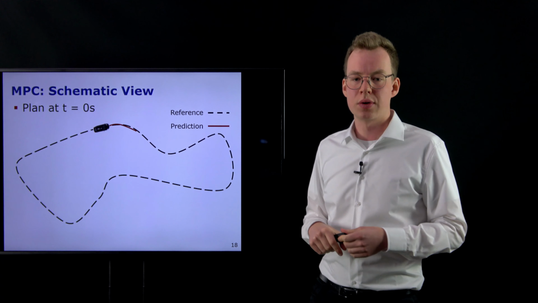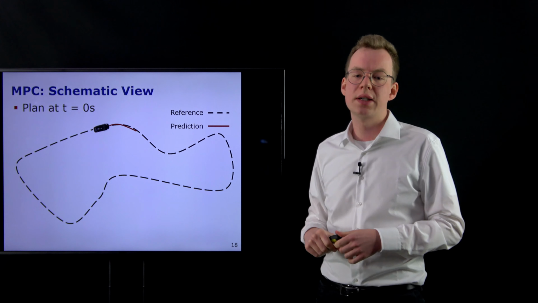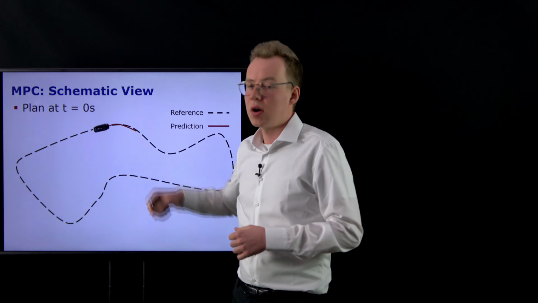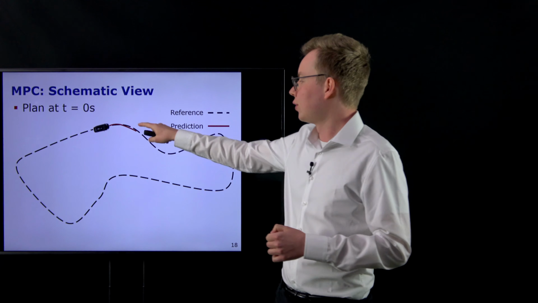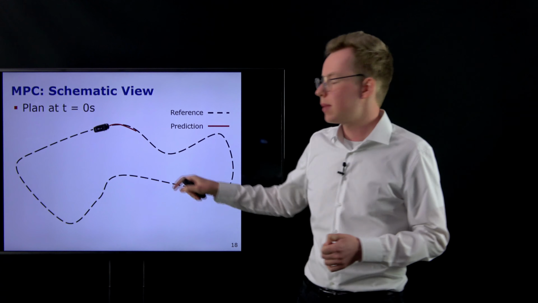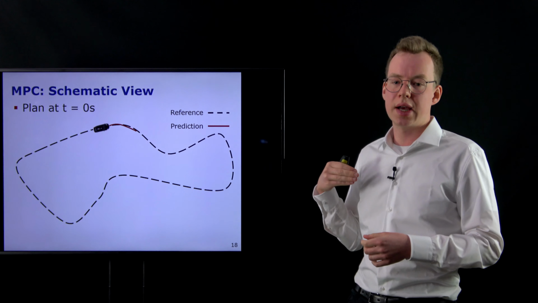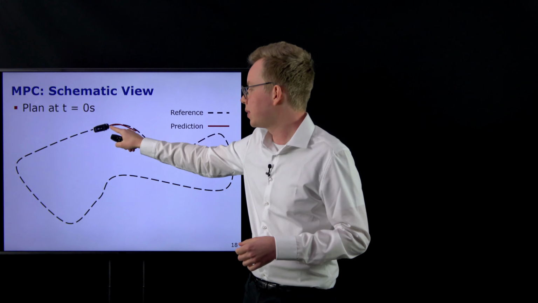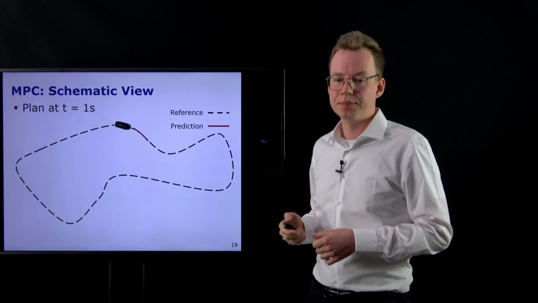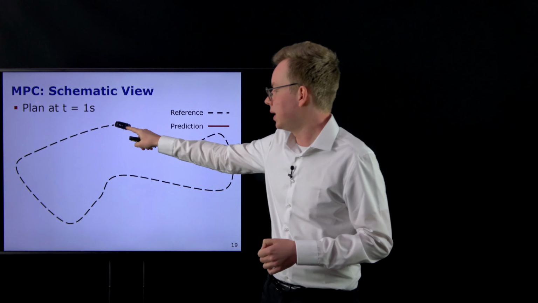Now schematically that would look as follows. For this example of driving a lap with an autonomous vehicle, imagine that we are here at t0, and rather than planning for the full lap, we only plan for the next, say, 50 time steps. This may be the optimal trajectory that we get from our optimizer at this current time step. Then we apply only the first bit of that input sequence, maybe just the first input, and we'll end up somewhere here.